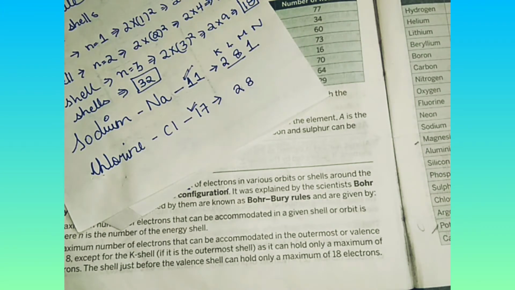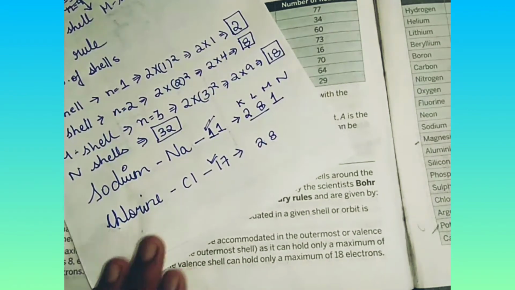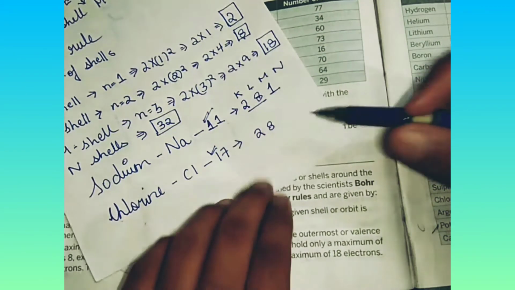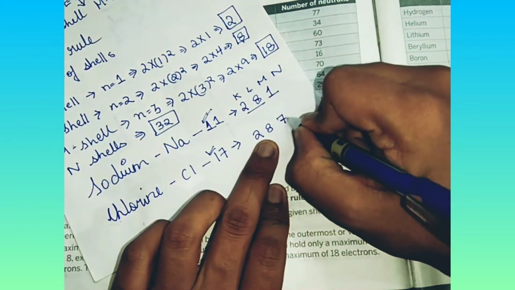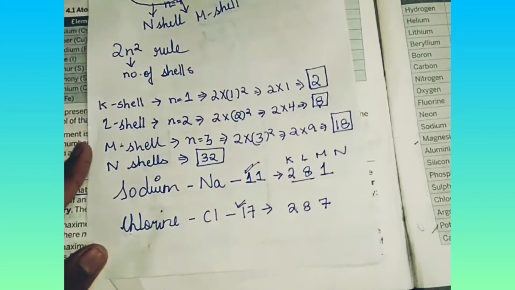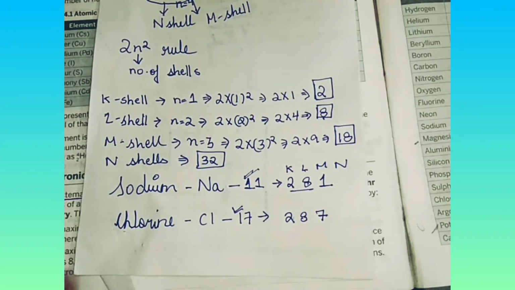We are left with 7, and the maximum number M can accommodate is 18, so 7 will be in M. This is how we are going to do the electronic configuration. I hope you all have understood what we mean by electronic configuration.